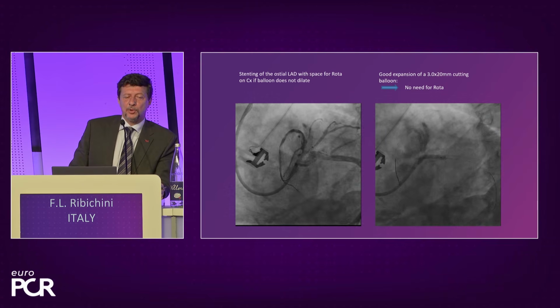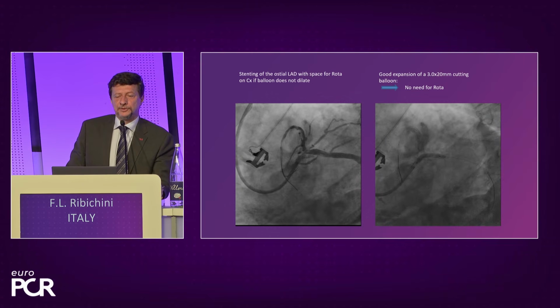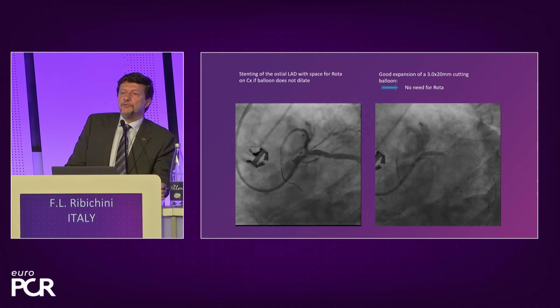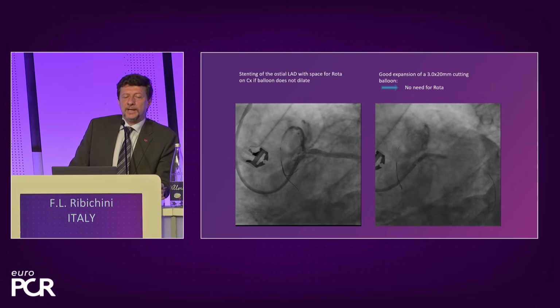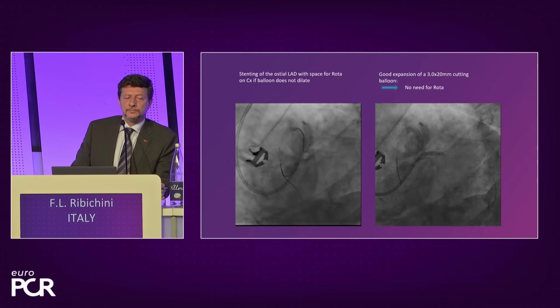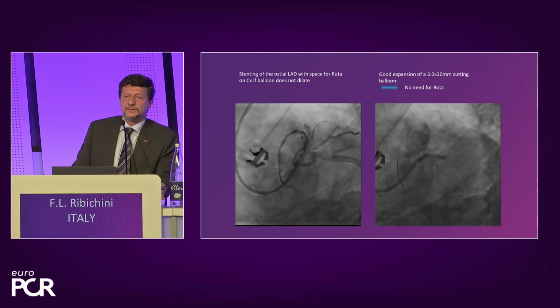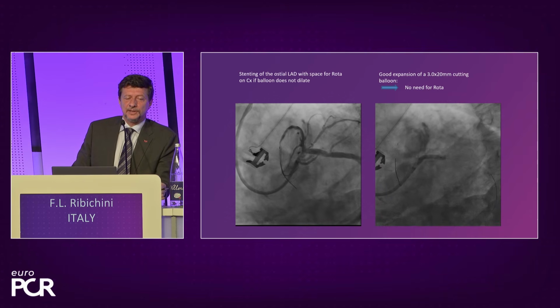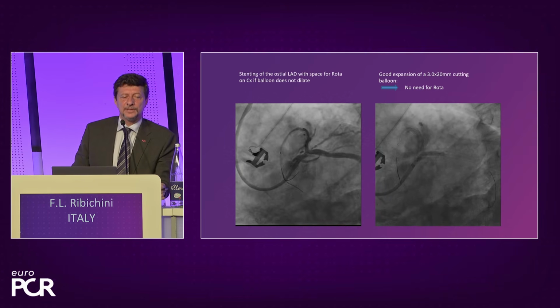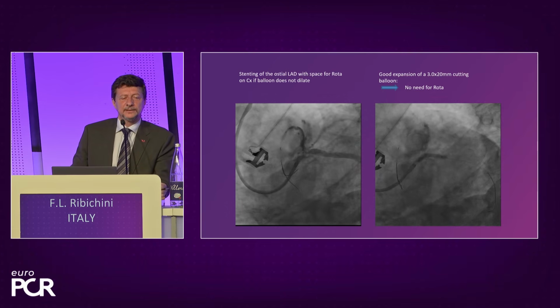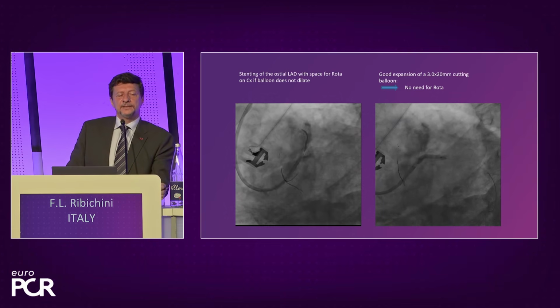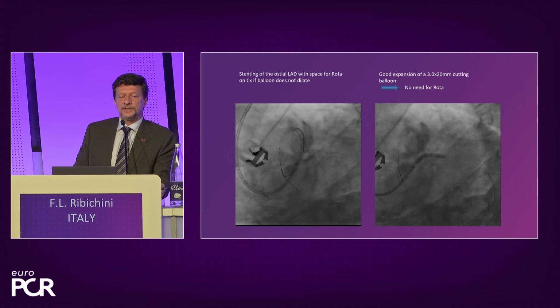And then at that point, since the ostium of the circ was not so involved, we implanted the stent going to the circ, but leaving the room to the LAD in case we would need rotational atherectomy. So the stenting of the ostial LAD, and then testing the ostium of the circ with the cutting balloon.